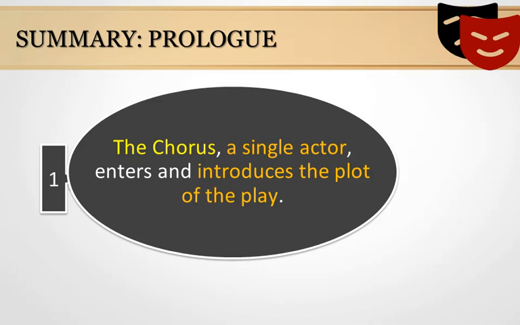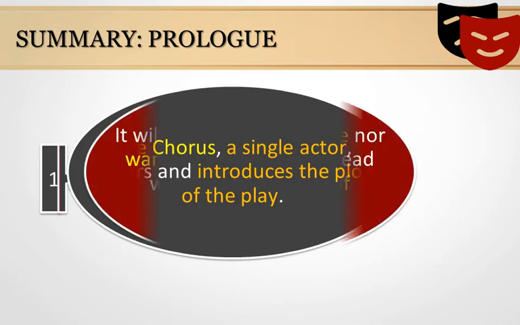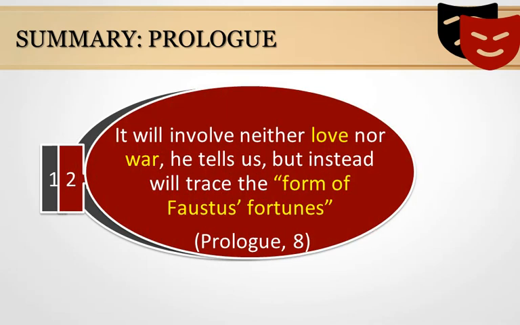It doesn't matter if it is a single actor or a group of actors, as we have previously said. This chorus said that this story will involve neither love nor war, he tells us, but instead will trace the form of Faustus's fortunes.